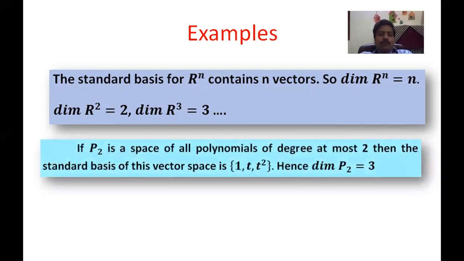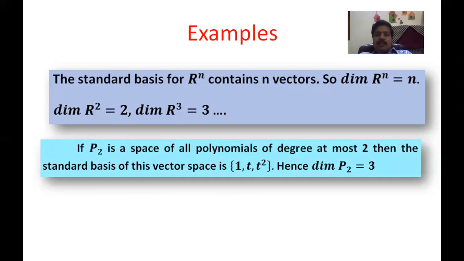If P2 is the space of all polynomials of degree at most 2, then the standard basis of this vector space is 1, t, t square. A typical element in P2 is in the form a0 plus a1 t plus a2 t square. So the basis for this one is 1, t, t square.